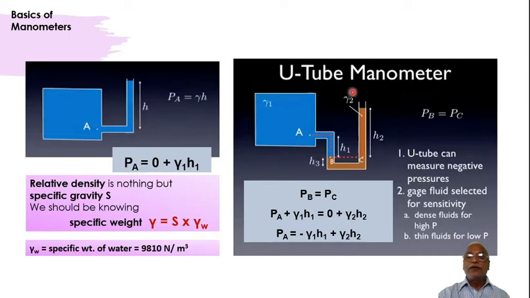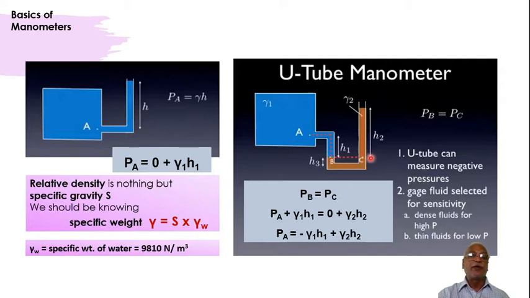Now here, how to analyze a U-tube manometer is to look at this level BC. At B and at C there is the same liquid, the brown liquid. So when we move horizontally, if we are in the same liquid medium, the pressure remains the same.